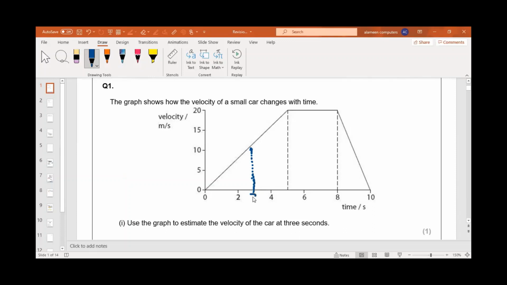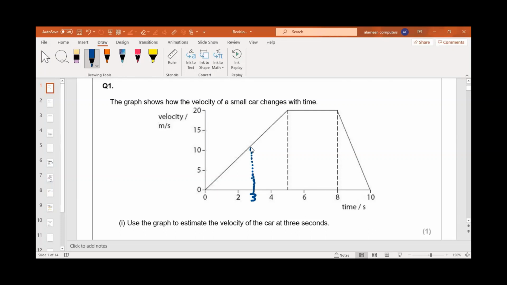So you need to identify the midpoint between 2 and 4, where the 3 seconds is, and then take the ruler and draw a vertical line, right? You can use set squares also to help you get a proper vertical line.